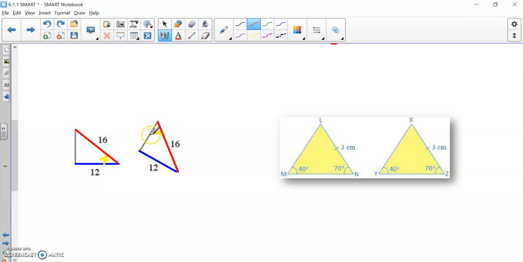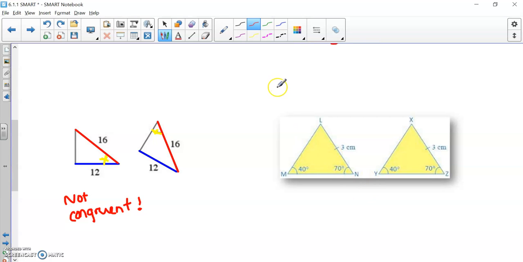Because there's inconsistency with the location of these matching parts, we cannot conclude that they are congruent. There has to be consistency of location. That's why order is so important. If that yellow angle was right here, then we would have been good to go. But it's not, so we can't call them congruent.